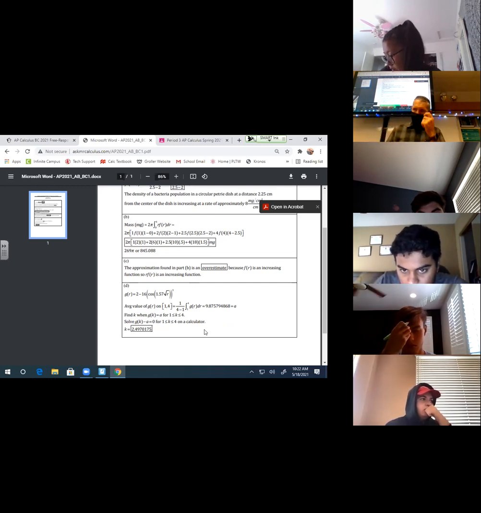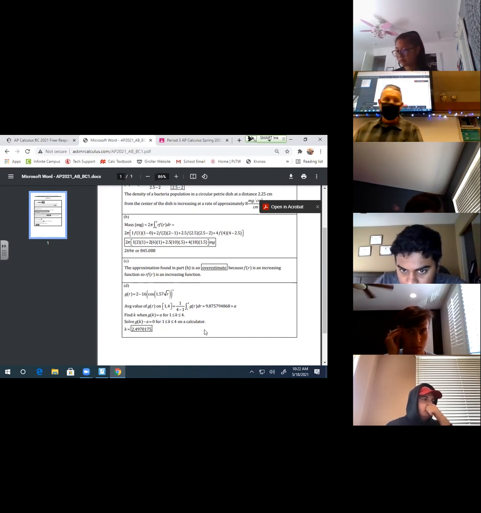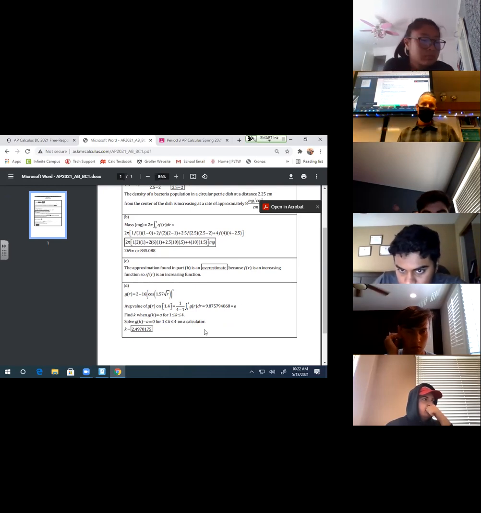So G of K is equal to 9.875 whatever, and then you're going to find, how would you do that in your calculator? How would you do that? You guys talk to me. How would you find where the function is equal to one specific value? Graph what though?